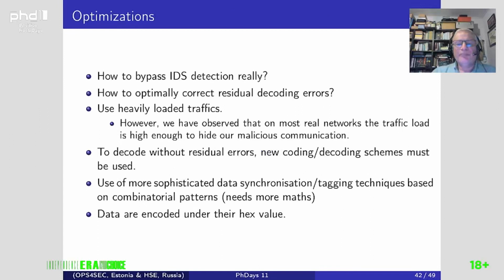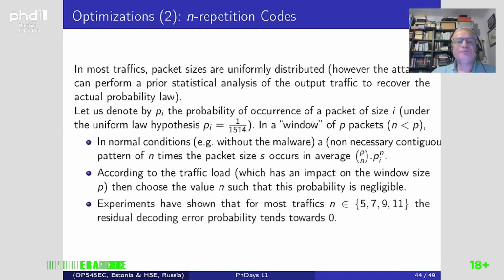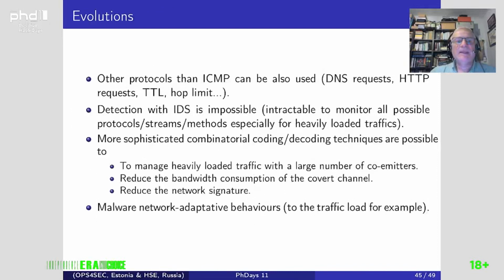There are possibly other optimizations, but they would need more maths, and you can use more sophisticated data synchronization or tagging techniques. Here, for example, you have another version with a better one-to-one character size mapping, and so on.